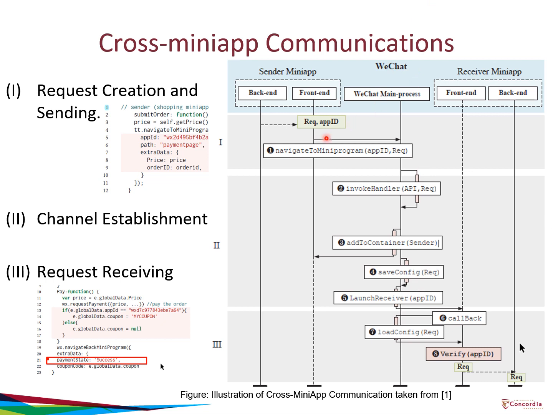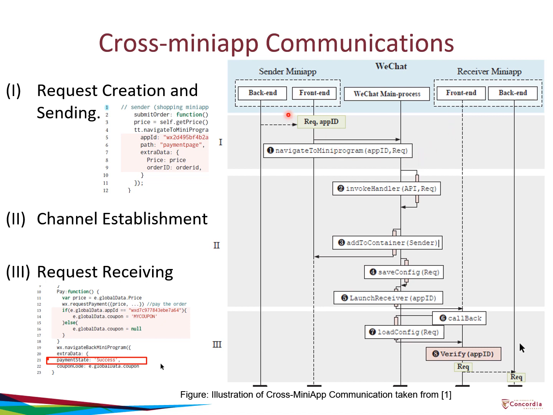So to better explain these three stages, let's assume that a shopping Miniapp needs to communicate with a payment Miniapp to complete a payment. We have the shopping Miniapp, and the payment Miniapp, which will be the receiver, after the user presses the purchase button.